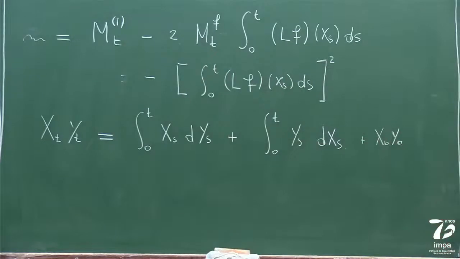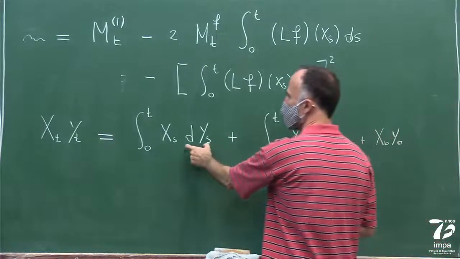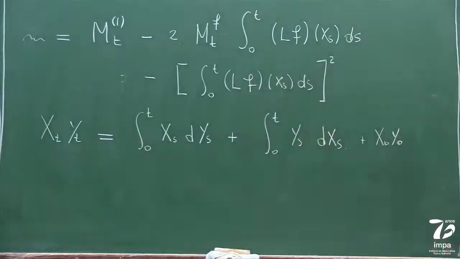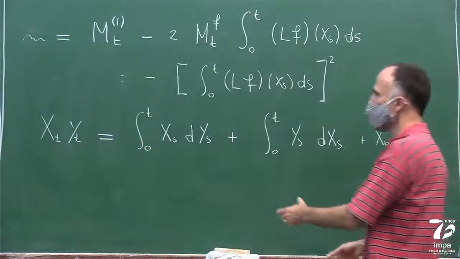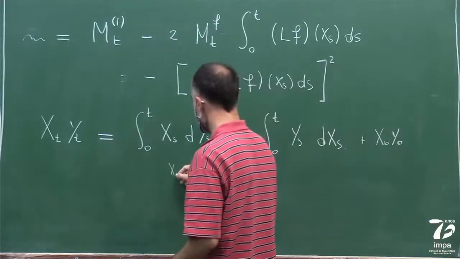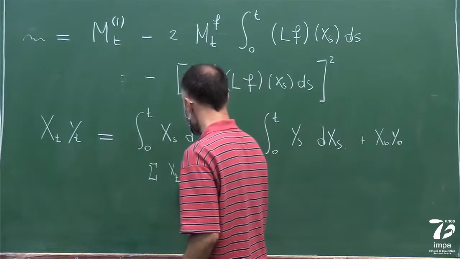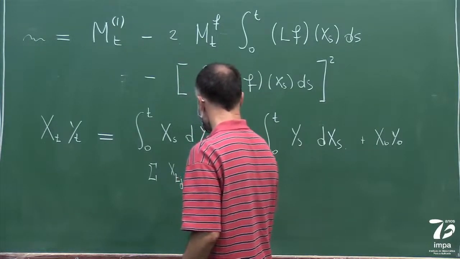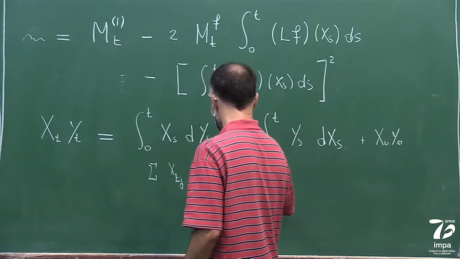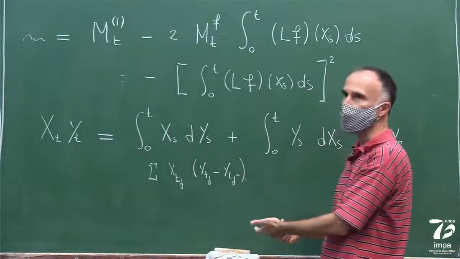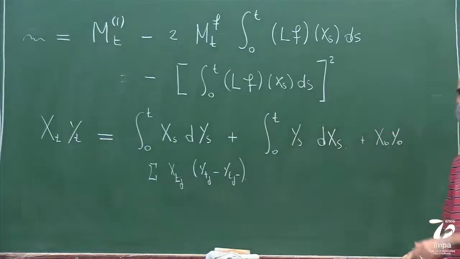So you just decompose your path over all jumps, and then you compute the contribution of each of these jumps. Because this integral will actually be a sum of X_{t_j} times the difference t_j minus t_{j-1}, and t_{j-1} corresponds to the previous jump time, because the path is constant on the intervals.